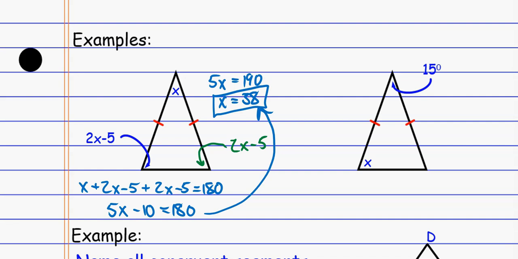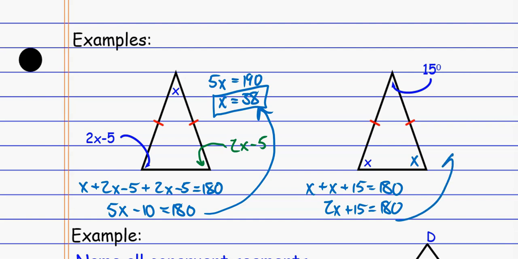If I look at the next one, same kind of thing. It's an isosceles triangle because it's listed that way, it's shown that way, it's drawn that way because of those two dashes. So now I know the base angles are congruent, so this has got to be an x. And then from there, I can say, hey, the three angles inside this thing, once again, add up to 180 degrees. So that's a 2x plus 15 equals the 180.